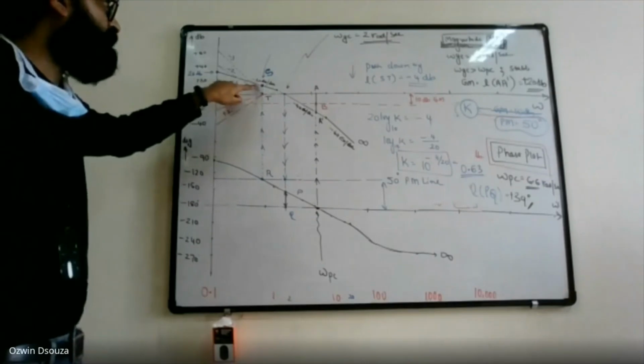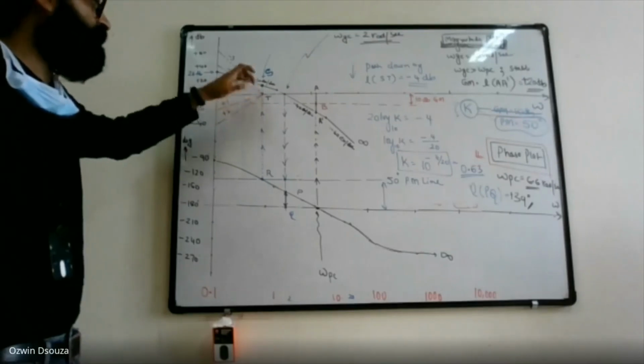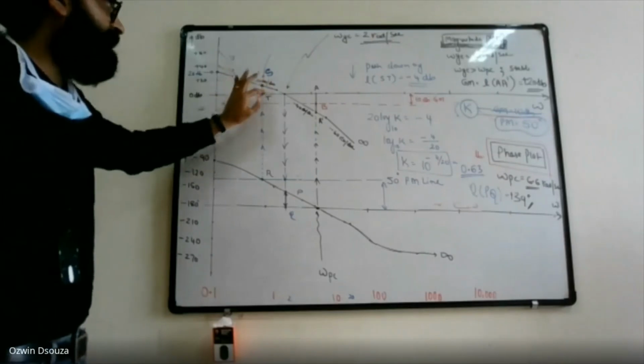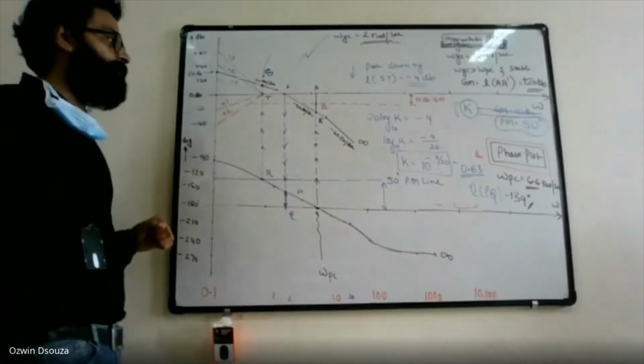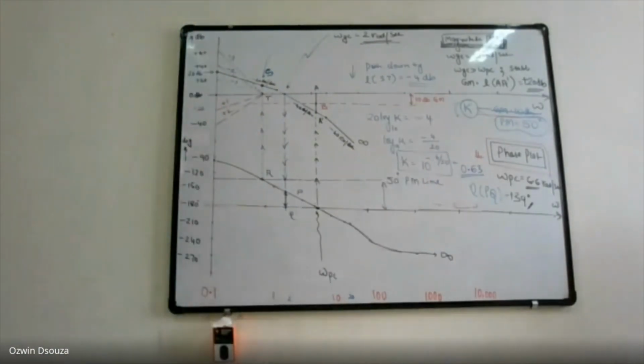But gain crossover frequency is found at 0 dB line. But here it is not 0 dB. Hence, what you have to do, you have to push it down by a factor of length ST. So that corresponds to 4 dB, negative 4 dB. And that when you put it in your equation, you will get the K value as 0.6.